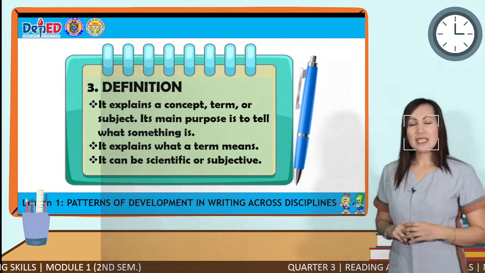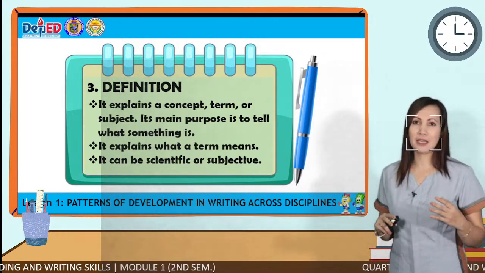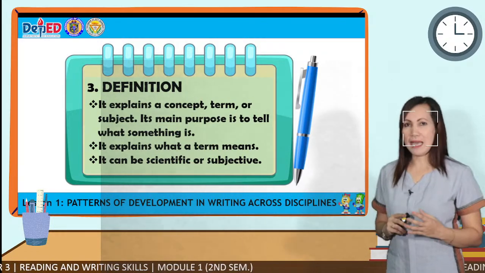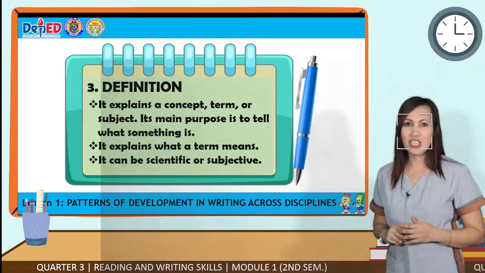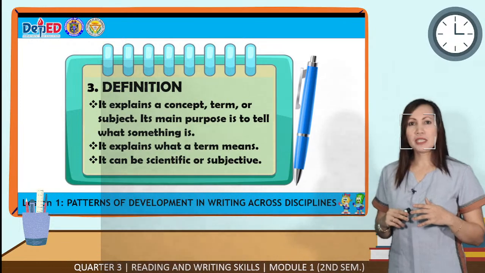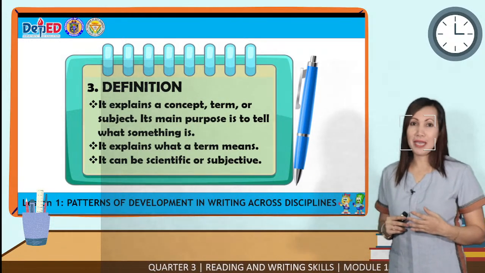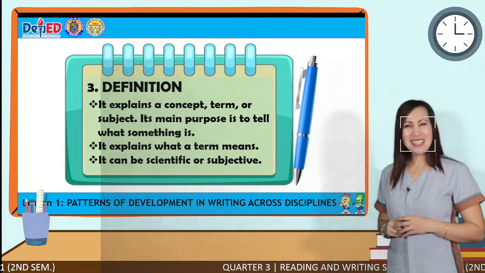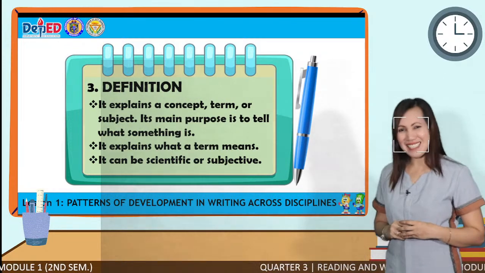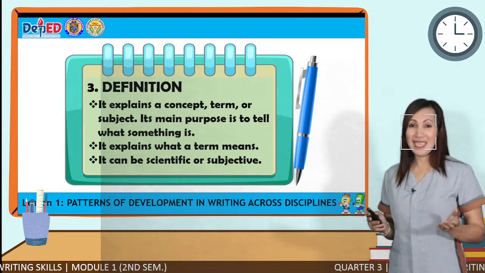When we say scientific definition, it defines a concept in the most factual way, while for subjective definition, it defines a concept in a more personal way, usually based on the writer's opinion and experiences. Last Monday, we just celebrated Valentine's Day. So when you ask teenagers now, what is love?